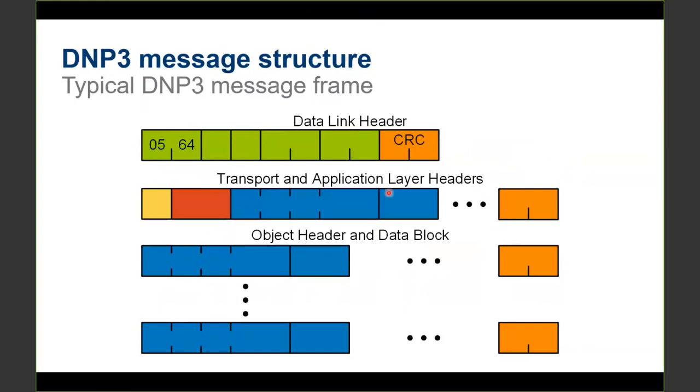So let's imagine this message here is block 0, this one is block 1, block 2, and block 3. The DNP protocol will include 2 CRC bytes for each 16-byte block. And this behavior increases the protocol's reliability.